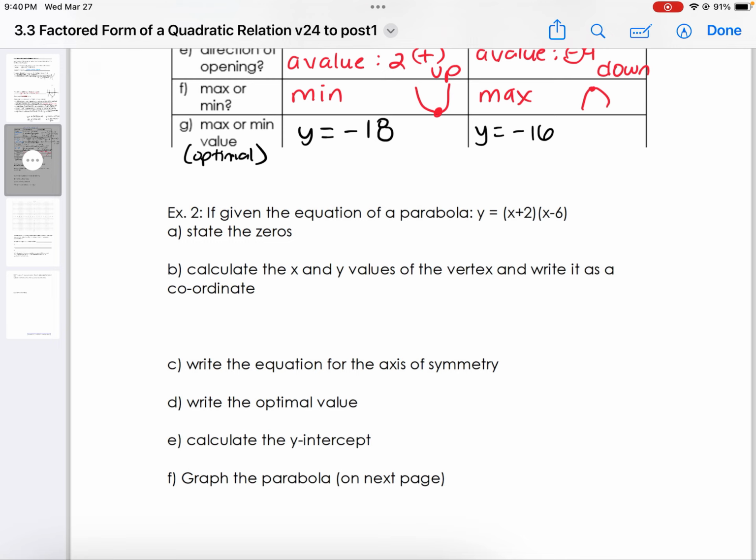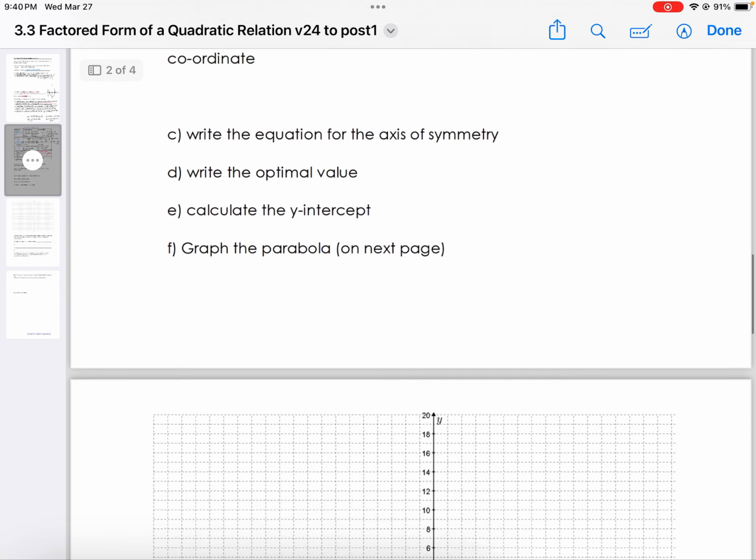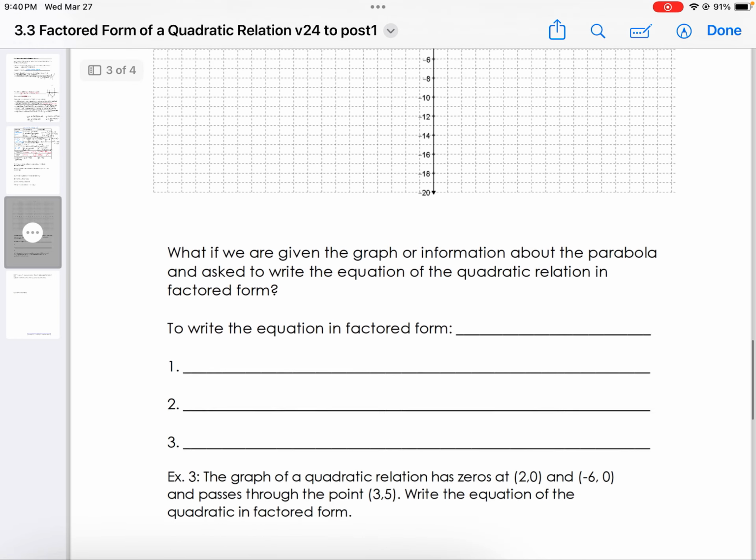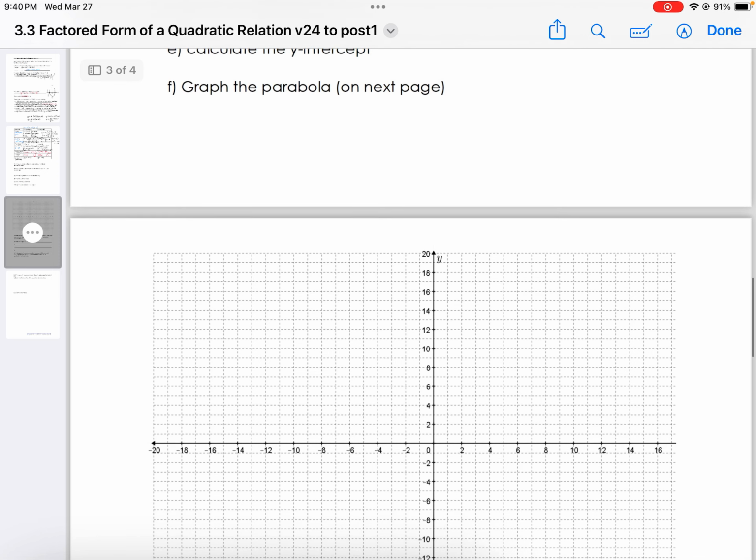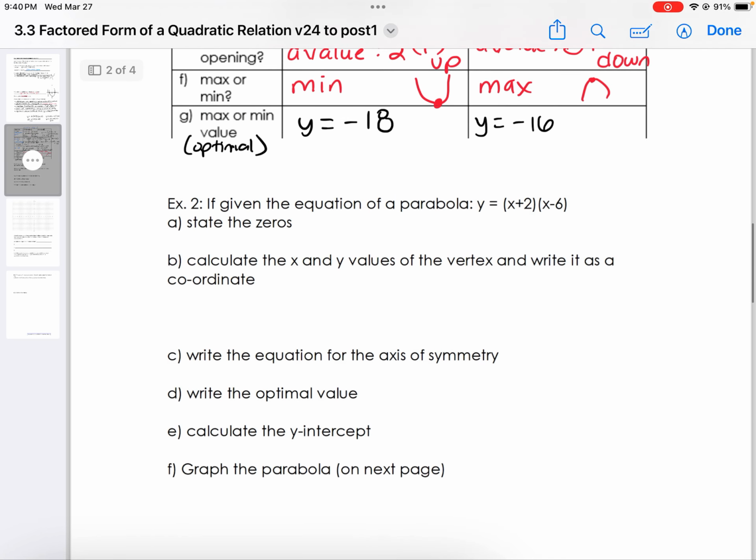All right, so here we are given the equation of a parabola, and we are going to graph the parabola. So there is a bigger grid, -20 and +20. And I just noticed I said state the zeros.